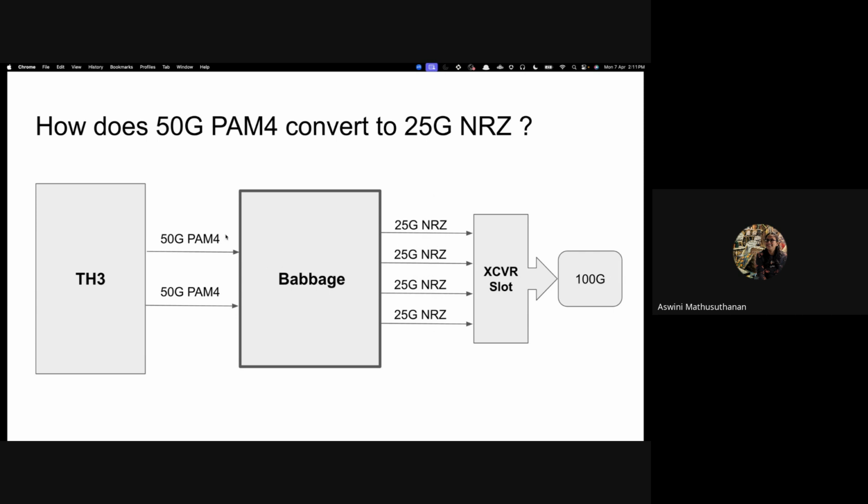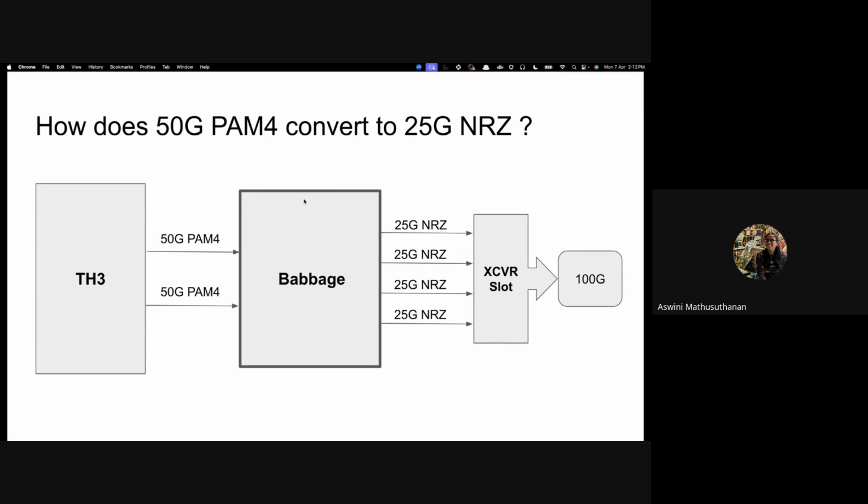So what can we do? We know that the SerDes is operating at 50 gigs. If we map 25 gigs to 4 different SerDes operating at 50 gig, we are reducing the throughput by half. To overcome that, we need to make this 4 by 25 gig into 2 by 50 gigs, so that we use the full capacity of the SerDes and also achieve the transceiver's speed.